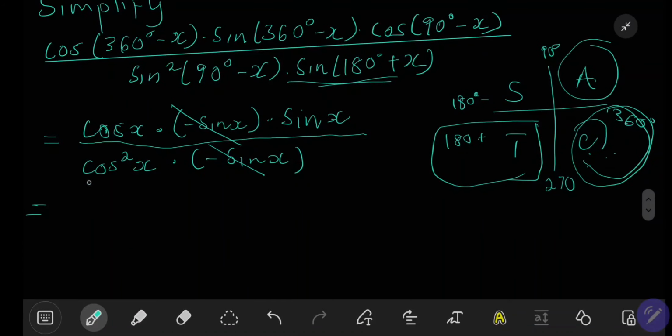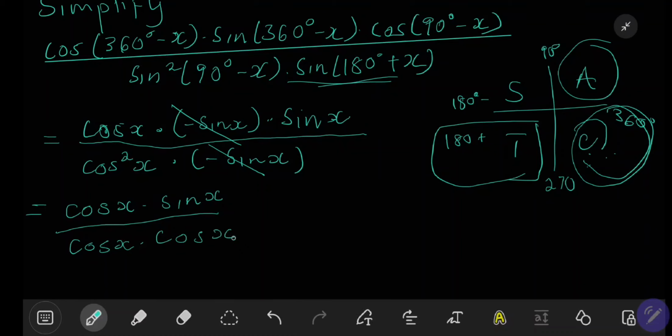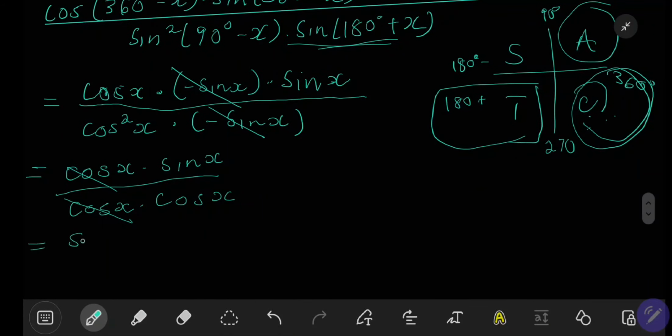Now we remain with cos of x multiplied by sine of x divided by cos squared x, which is the same as cos of x multiplied by cos x. Then this one will divide this one. Now we remain with sine x divided by cos of x, and we know that this is what we call an identity.